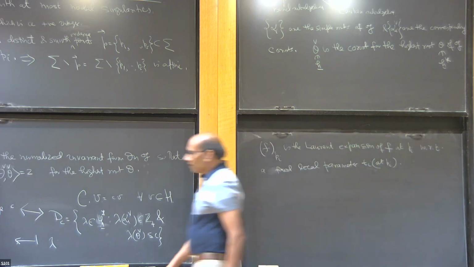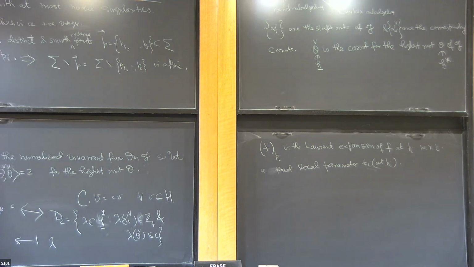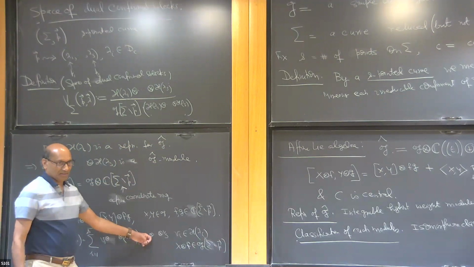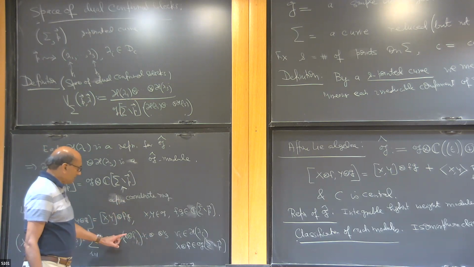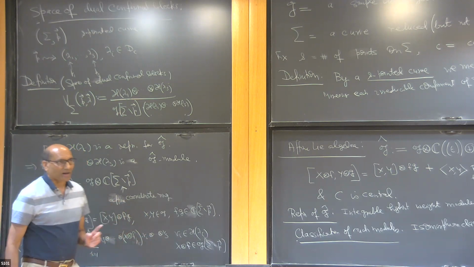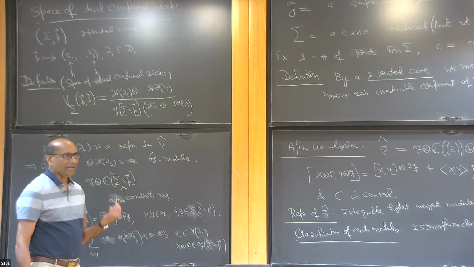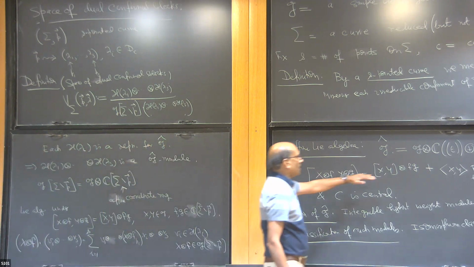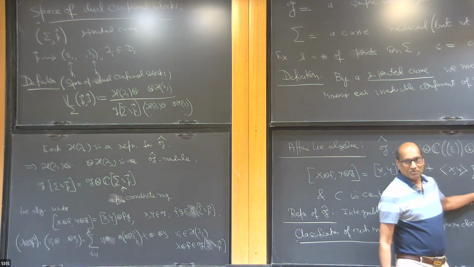And now once we have that, this belongs to the affine Lie algebra. But keep in mind that the affine Lie algebra had a central charge, and the bracket was not just this part, but there was this contribution.